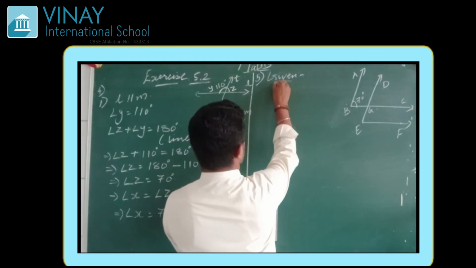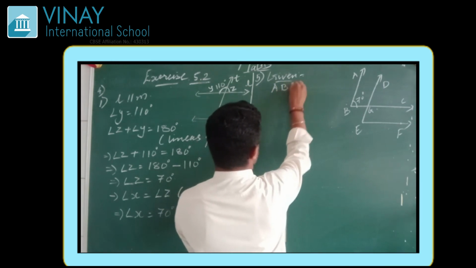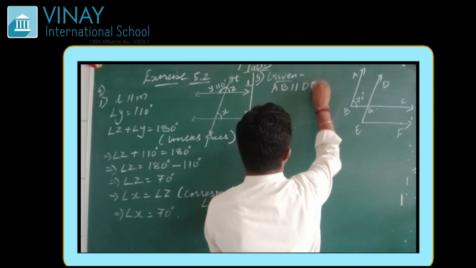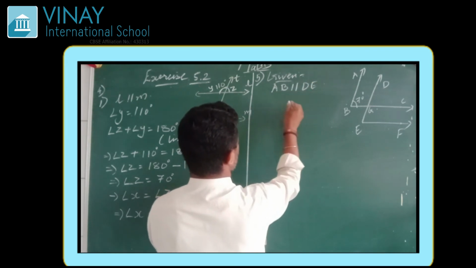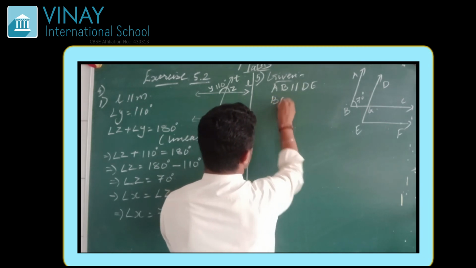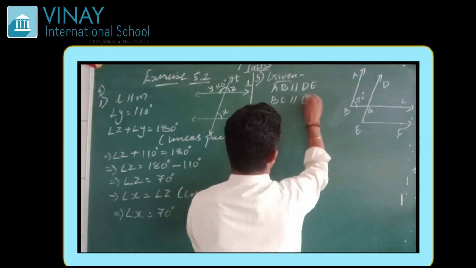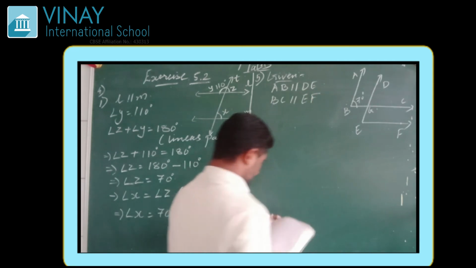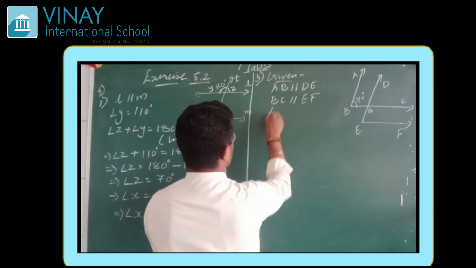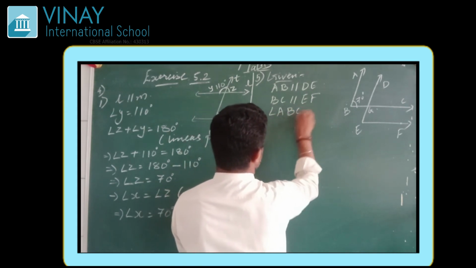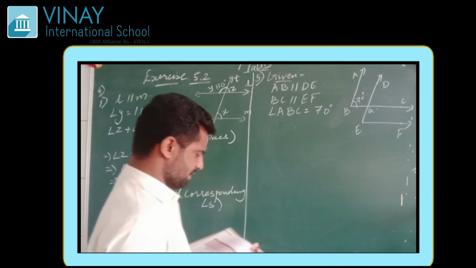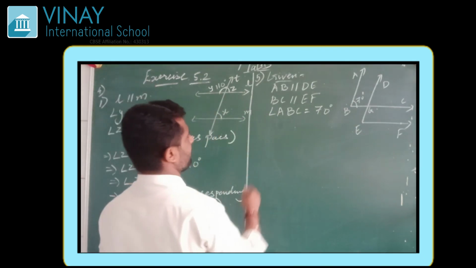So we can say AB is parallel to DE and BC is parallel to EF. It is also given that angle ABC is equal to 70 degrees.